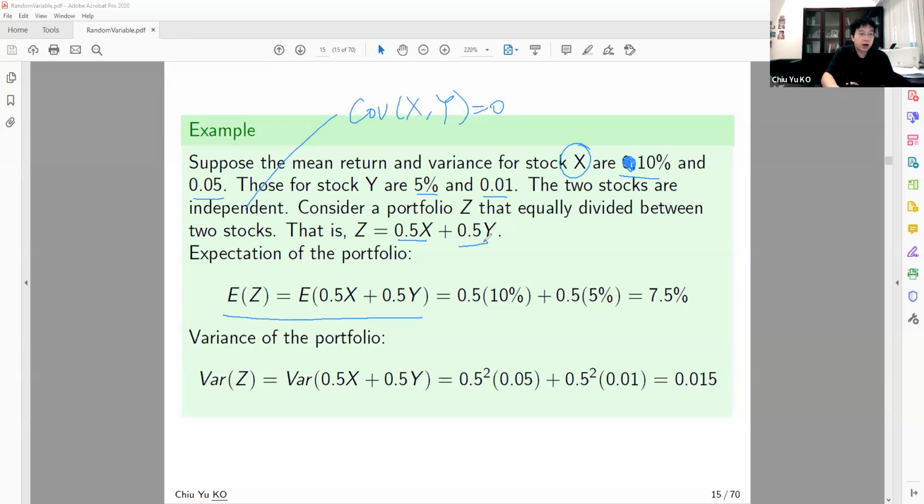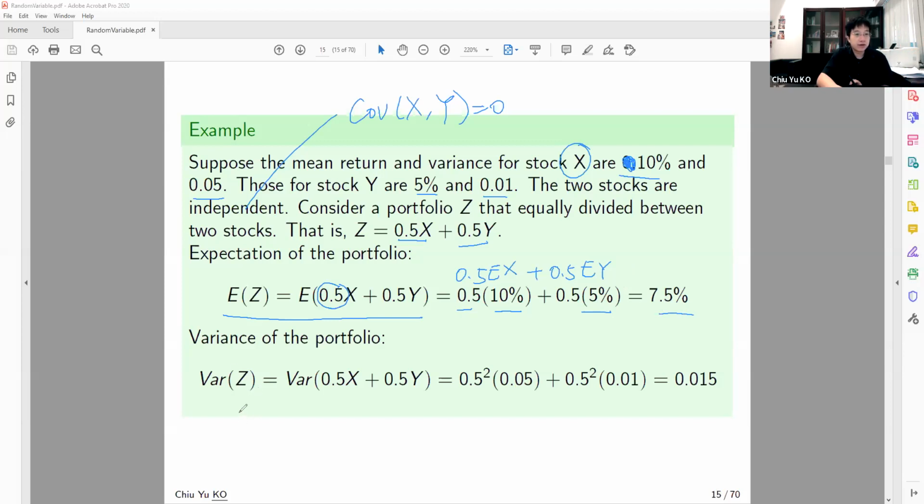It's half of X, half of Y. So using the formula here, the constants can be taken out, and you have the expectation of X, E of X, and E of Y. It's 0.5 E of X plus 0.5 E of Y. So that is the expected return of the portfolio, and this is 7.5.